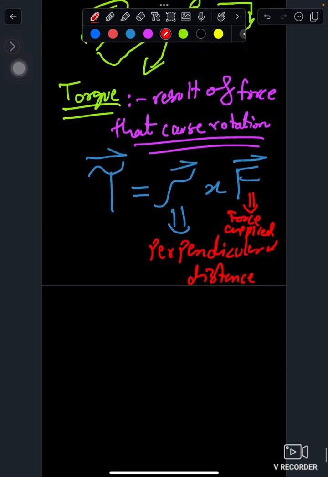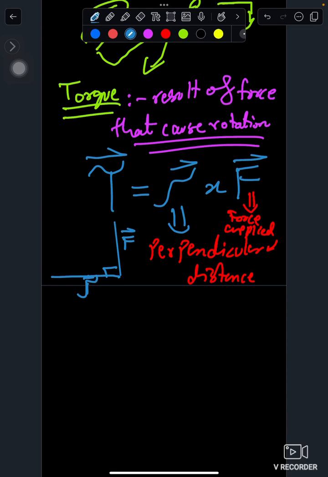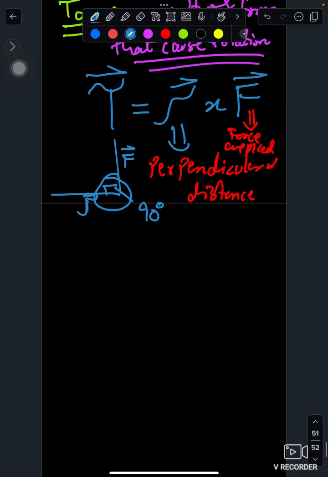So in the illustration, we can see this angle is a 90-degree angle. Force is applied perpendicular to the direction. When a force acts on an object to rotate it, a torque is produced.